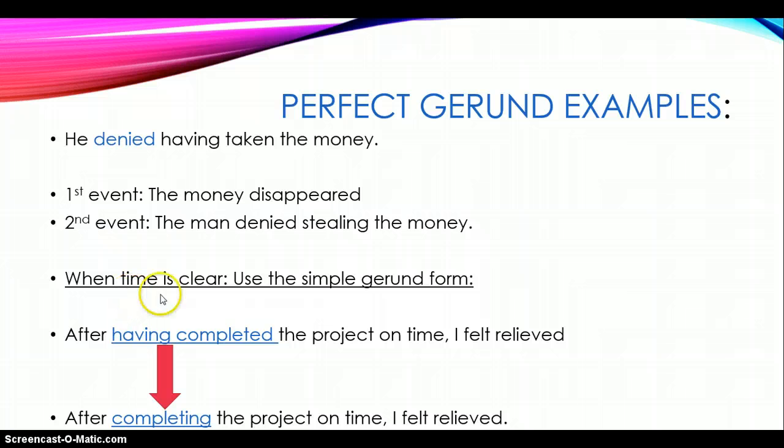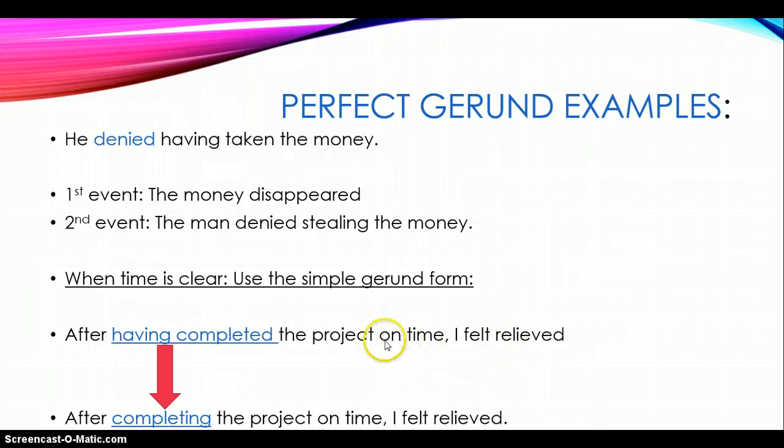Now, when the time is clear, we use the simple gerund form. So here's an example of when it's unnecessary to use the perfect gerund form. Instead of saying this sentence, you might say this sentence. So I could say, after having completed the project on time, I felt relieved.